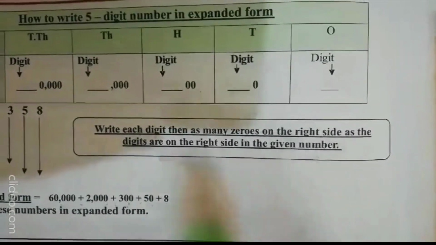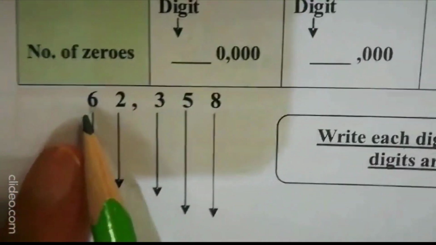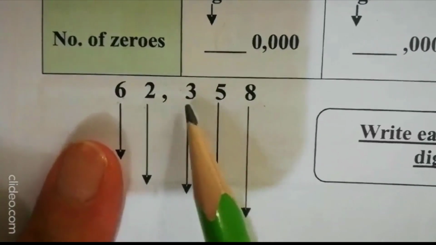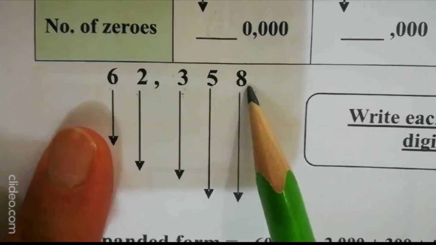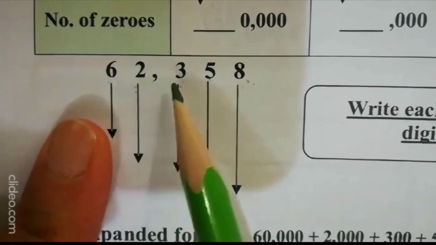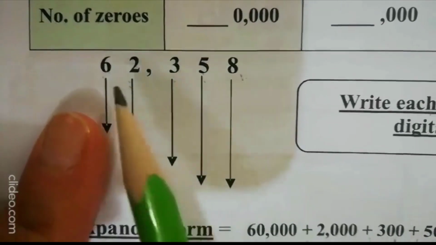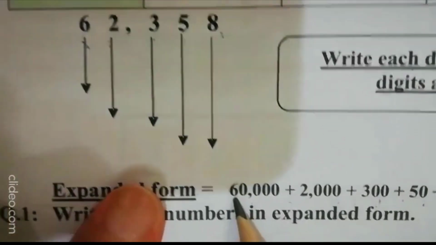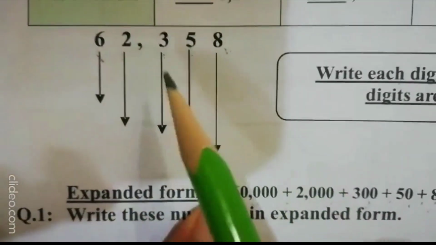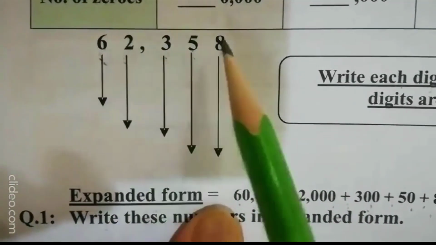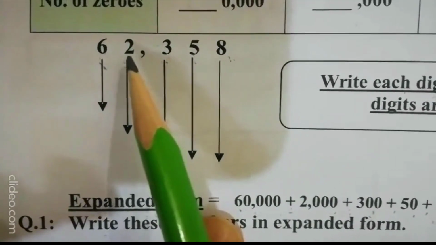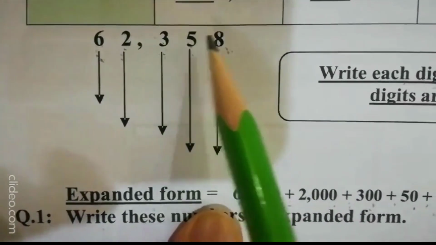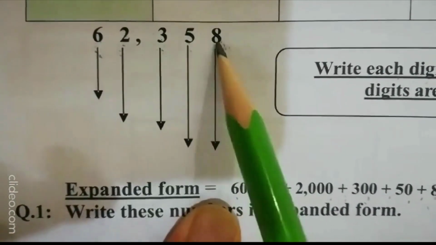For example, this is a number, 62,358. First of all, the first digit is 6. Then count the digits on your right side. There are 1, 2, 3, 4 digits.